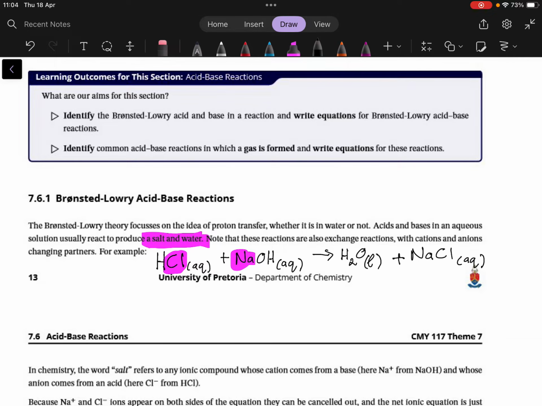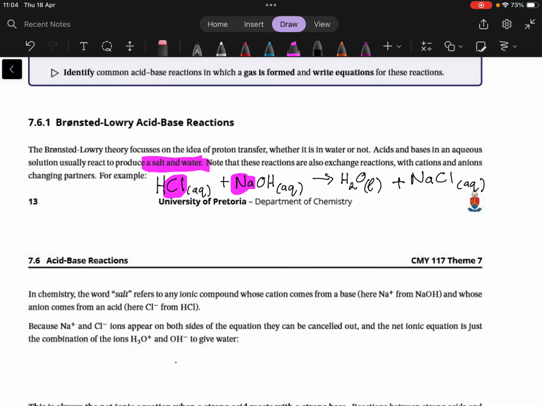Now, you're well aware of the fact that once we place HCl in water, what actually happens? In other words, what does aqueous HCl do when it's placed in water? We know it will immediately, because it is a strong acid, so that's the important part. It's a strong acid, so it will completely ionize.